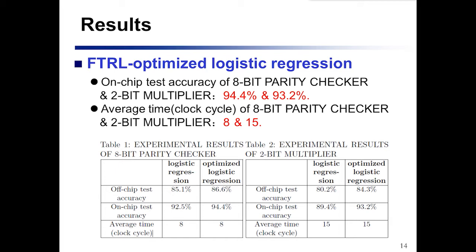The experimental results are shown in Table 1 and Table 2. The FTRL optimized logistic regression performs better in accuracy both online and offline tests. Due to the complexity of the circuit structure, the average time-consuming of 2-bit multiplier needs 15 clock cycles, and 8-bit parity checker is 8 clock cycles.